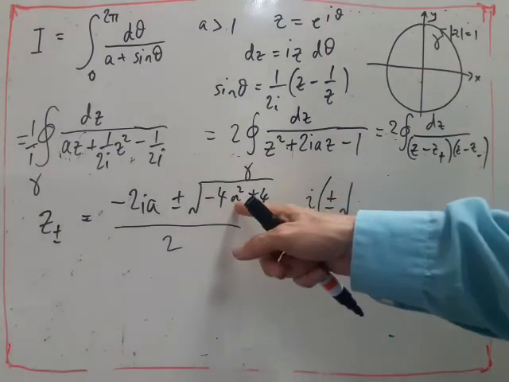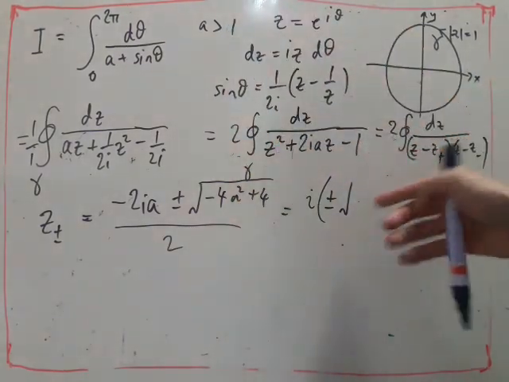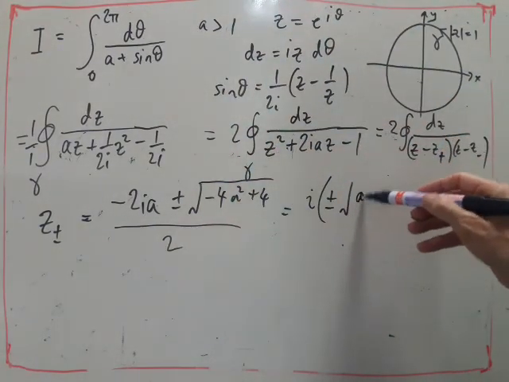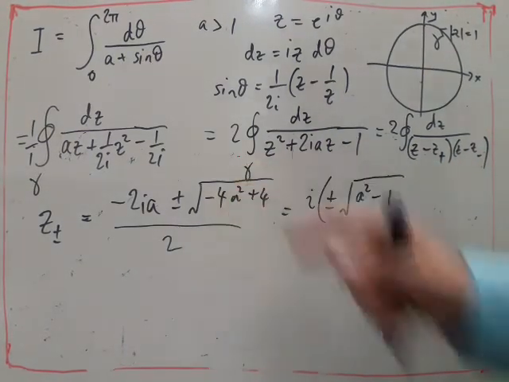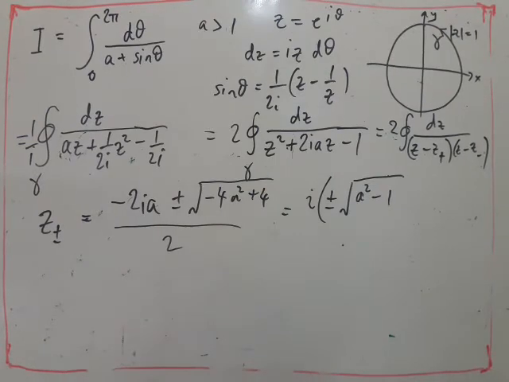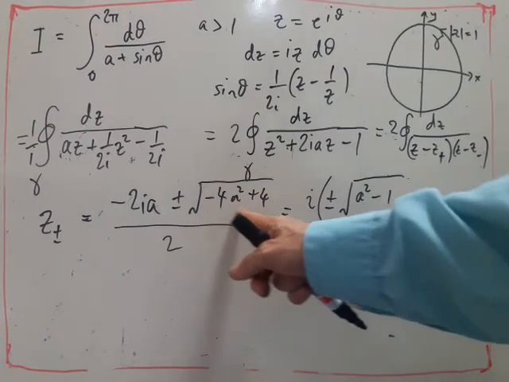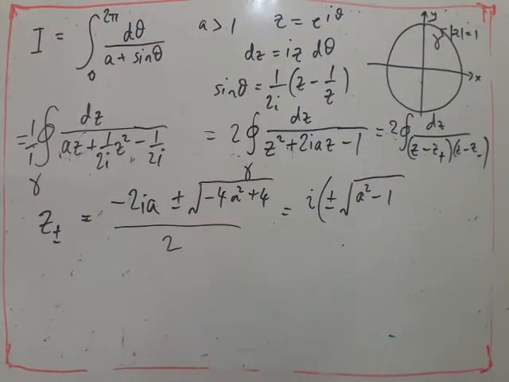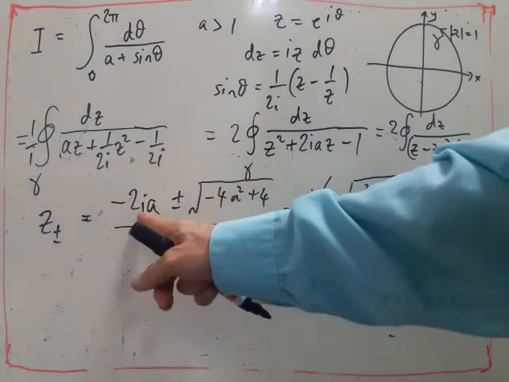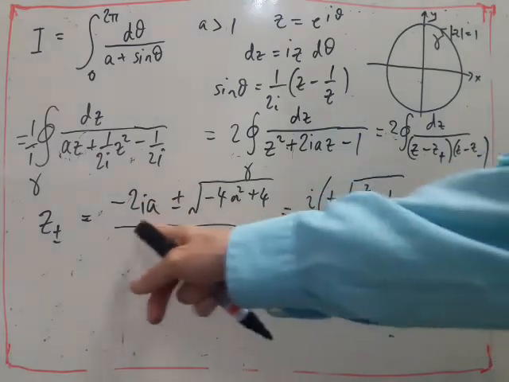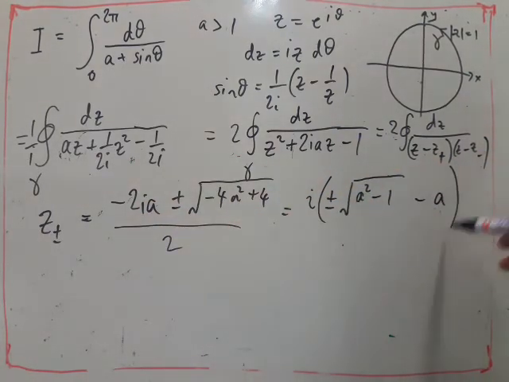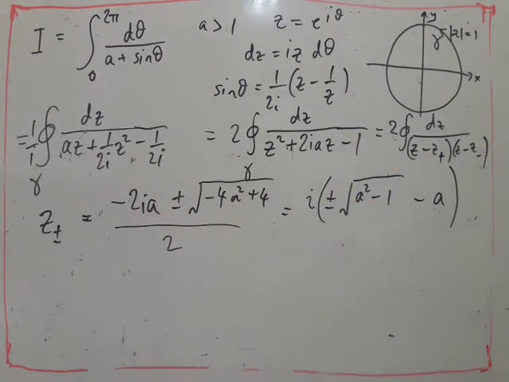The reason for doing that, obviously, is that a is greater than 1, so a squared is greater than 1, so this is definitely going to be negative inside the square root. So I'm going to have an i anyway. That goes well with this. Then I'm dividing by 2, and I just get that left over. So that's my z plus and minus, fairly straightforward.